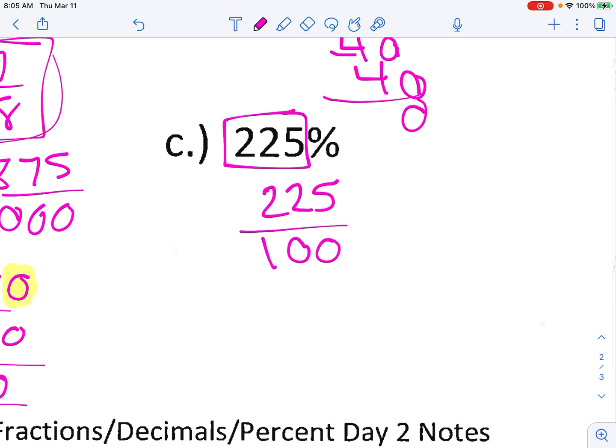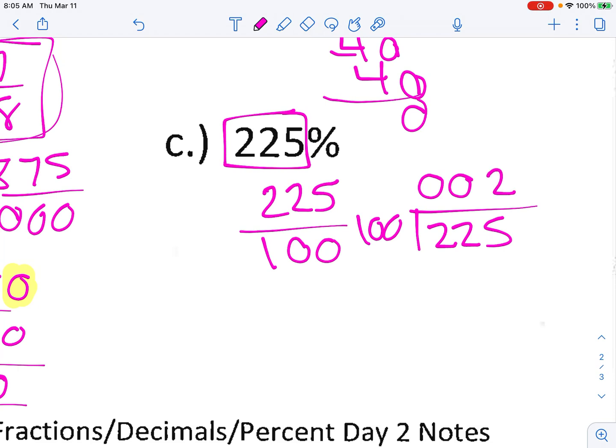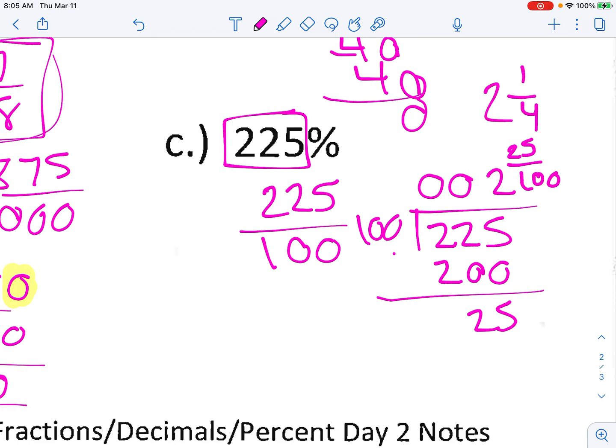So really all you have to do is take this number and put it over 100. 225 hundredths. So now we're going to do 225 numerator divided by denominator. 100 times 2 is 200. Subtract. So we've got 2 and 25 hundredths, which reduces to 2 and 1/4. And that would be your final answer as a fraction.